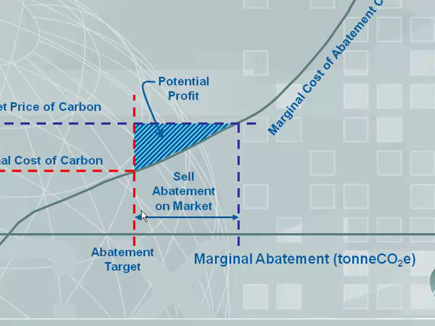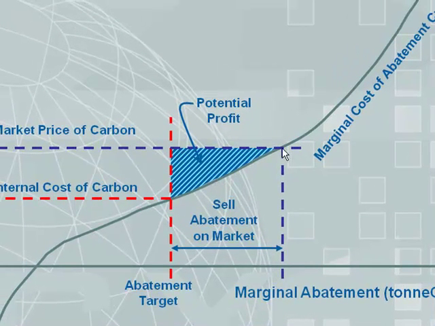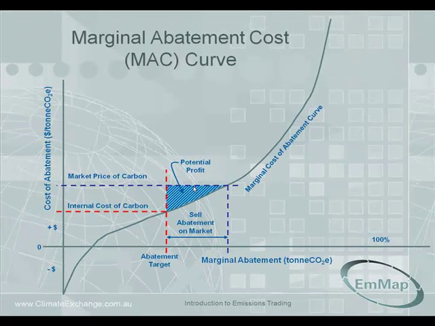But this time, because we don't need all of that abatement to reach our abatement target, we're able to sell that abatement back to the market and therefore get a potential profit that is represented by the hatched area above the curve. That is emissions trading 101.